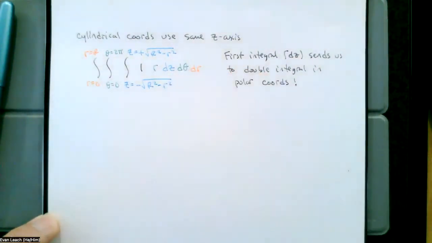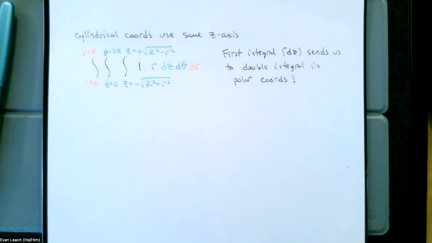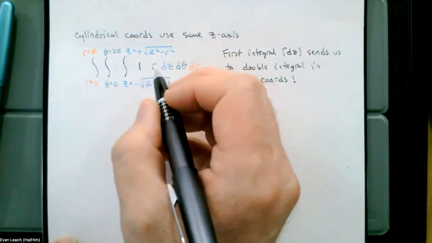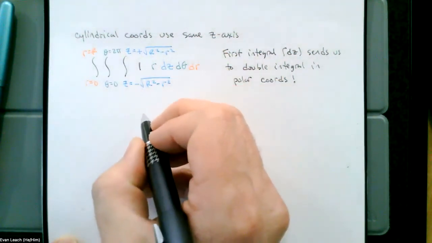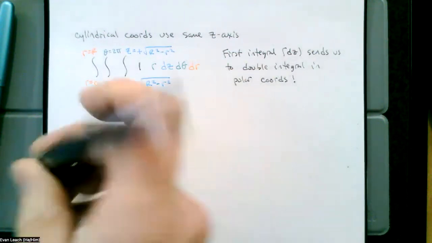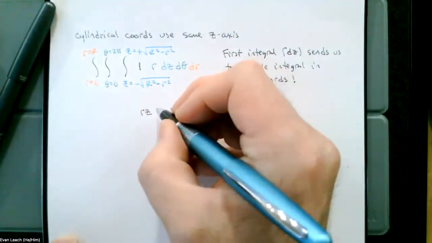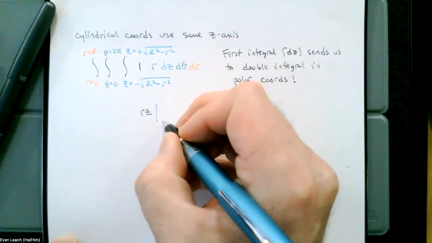The r shows up to make the d theta into a distance, but it's part of the function we're integrating, so it's an extra factor of r. The first integral is z, so the integral of r with respect to z is rz. Then we evaluate this from the negative square root to the positive square root.